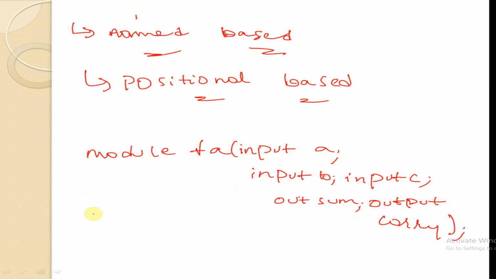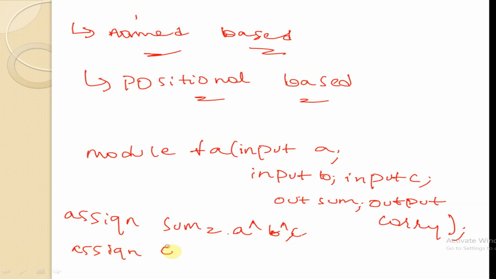And here I will assign sum is equal to A XOR B XOR C, and I will assign carry is equal to A and B, or with C and B, or with B and A. So I have developed some full adder module, and I want to instantiate this full adder in another module.